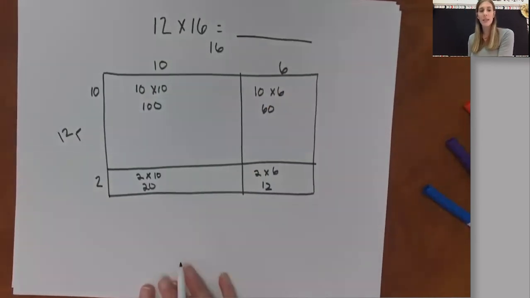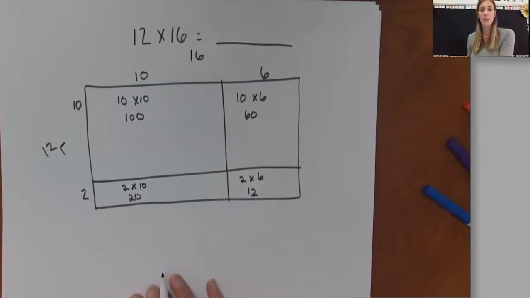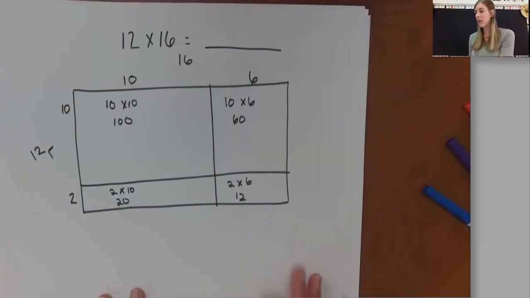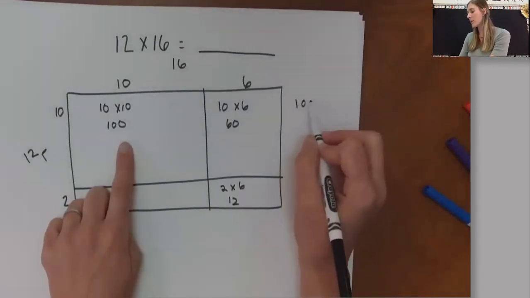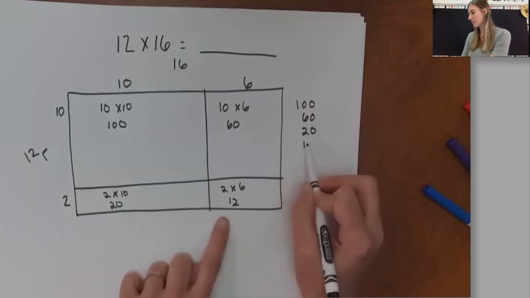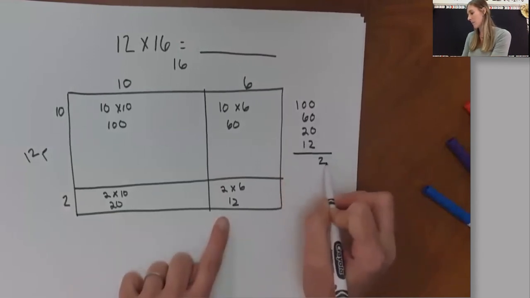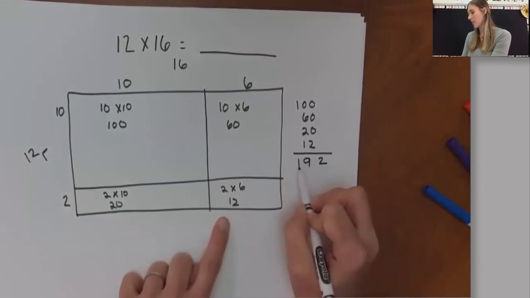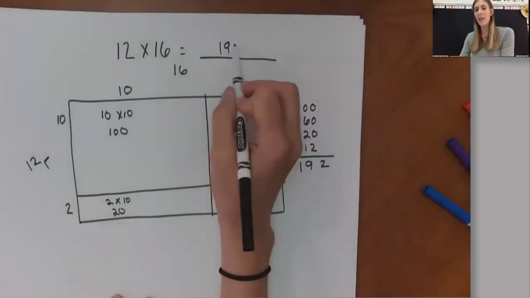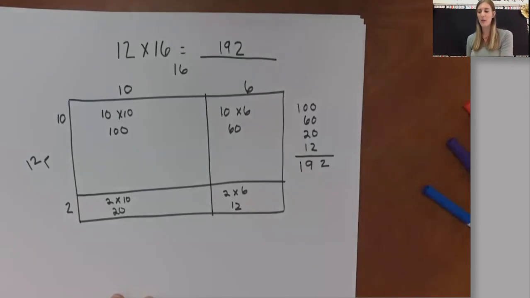Check your partial products and see if you got the same partial products as me. If so, we're on the right track. Now the last thing we need to do is add up our partial products to get our total product. 12 times 16 is 192. I knew you could do it.